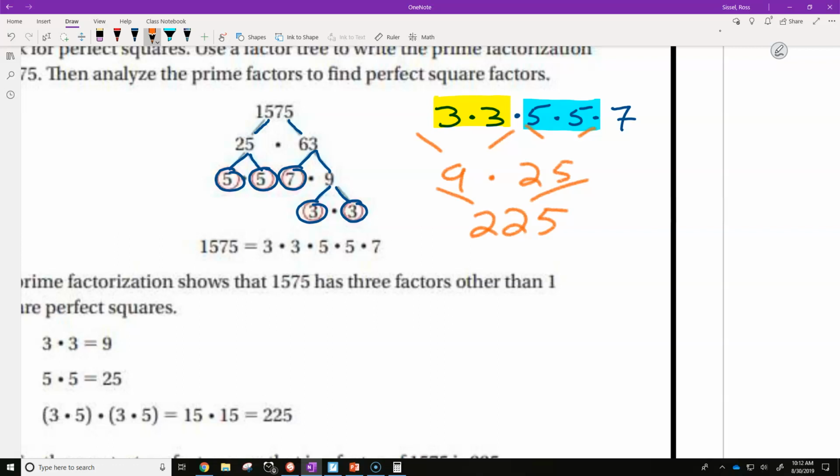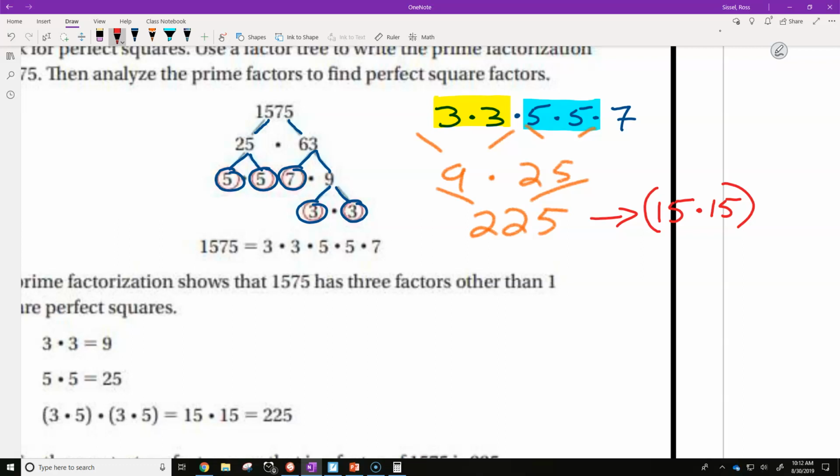Because, I'm going to show you this. You don't have to explain this part, but I'm just going to prove this to you. It's because it is what 15 times 15 is. Do you know how I know it was 15 times 15?